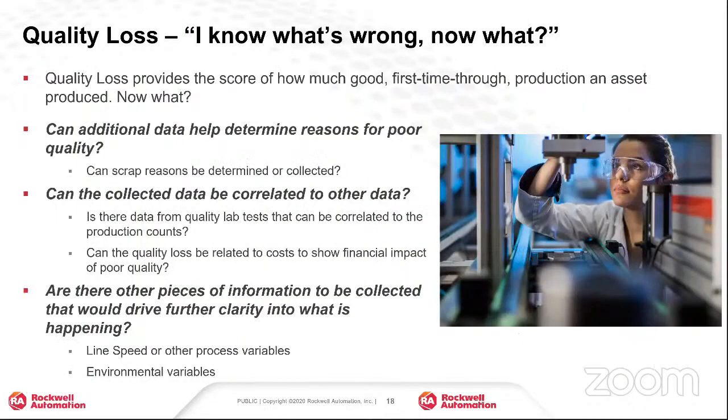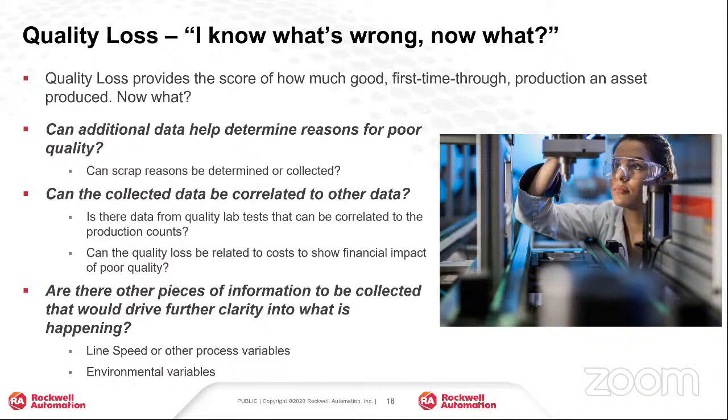Now, in the quality loss, of course, we can find out what is wrong and what we do with the data. When you have quality, you can always add additional data to find out the reasons for the poor quality. Is there a problem with the machine?